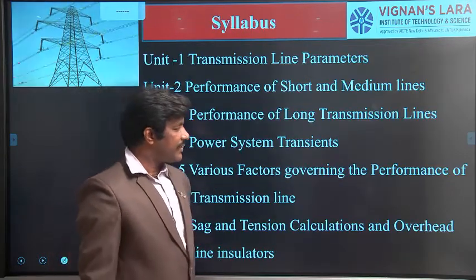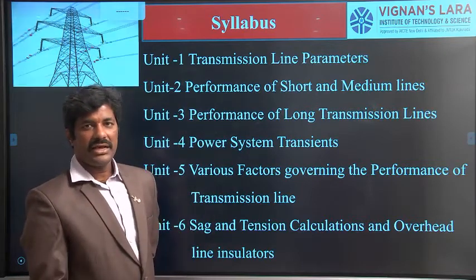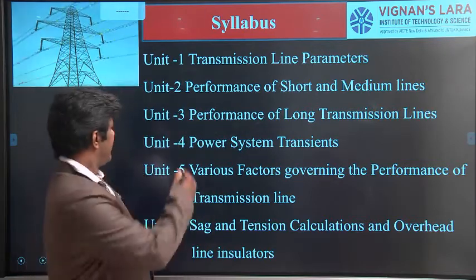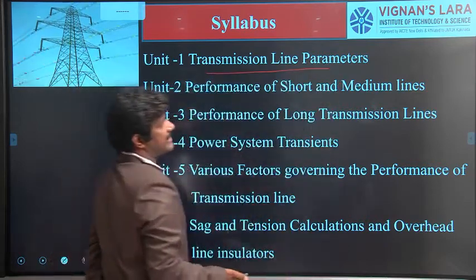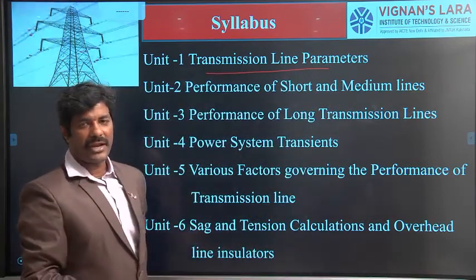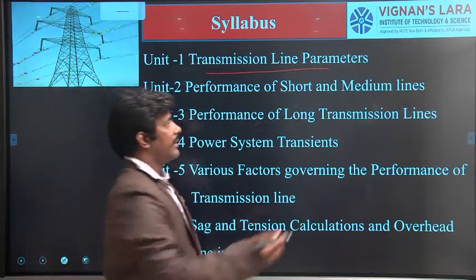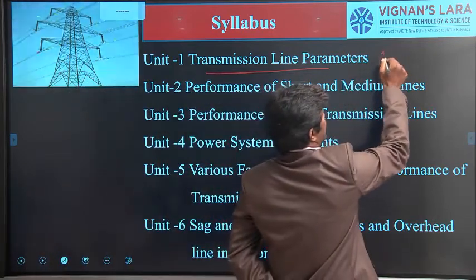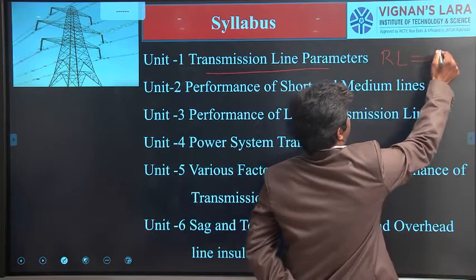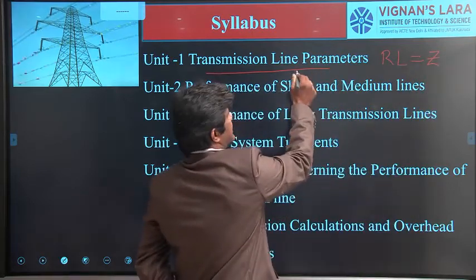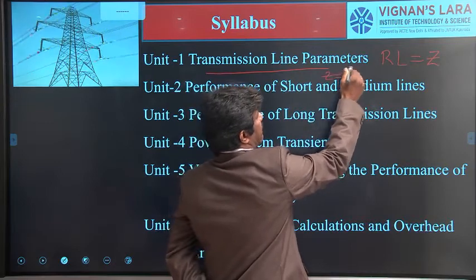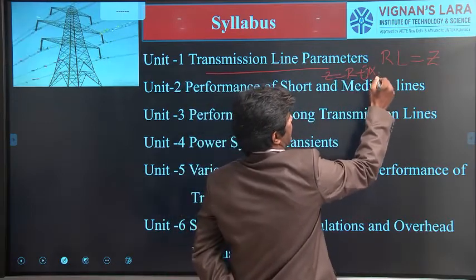And next, coming to the syllabus, as I told you, 6 units are there. Which are these 6 units? Line parameters, where 4 parameters are to be evaluated. Among those 4, resistor and inductor form the series impedance Z, which can be written as Z is equal to R plus jXL.